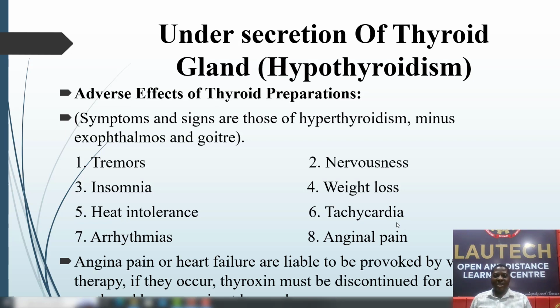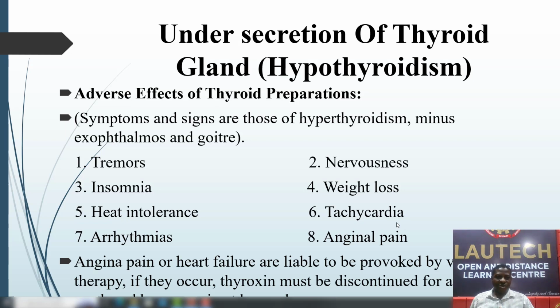We know what exophthalmos is. Exophthalmos is all about the protrusion of the supraorbital areas of the face, or goiter. And other signs are what?